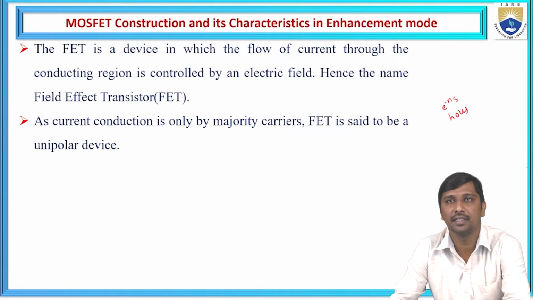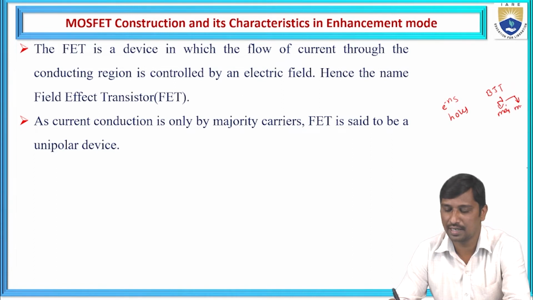The BJT, as the name itself says, is a bipolar junction transistor because it depends upon both the charge carriers, majority as well as minority. But if you observe the principle of the field effect transistor, it depends only upon the majority charge carriers.